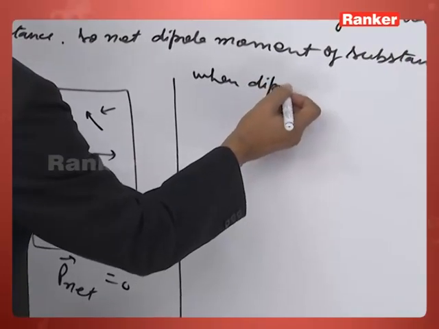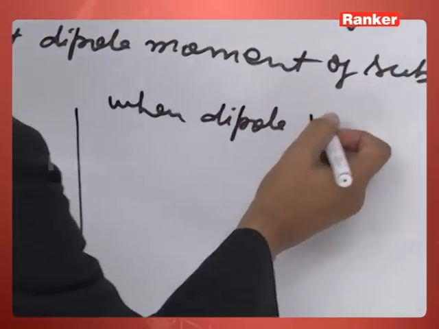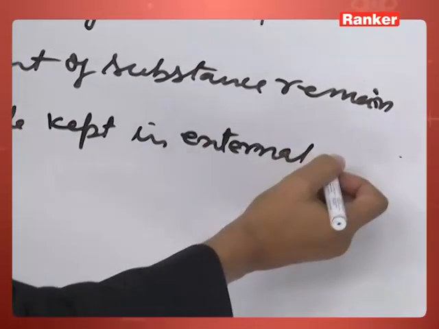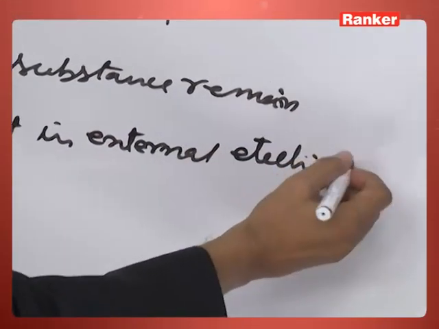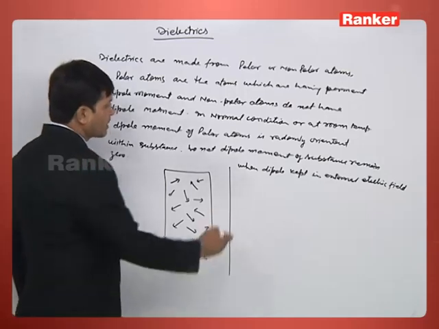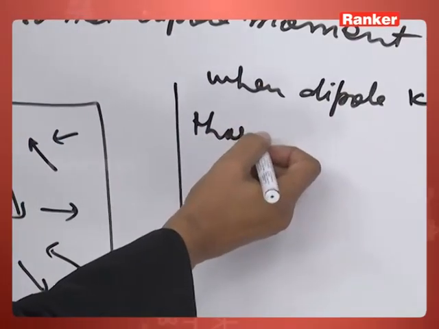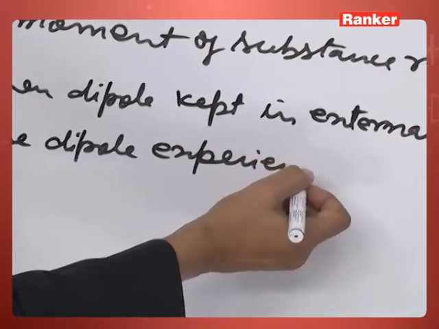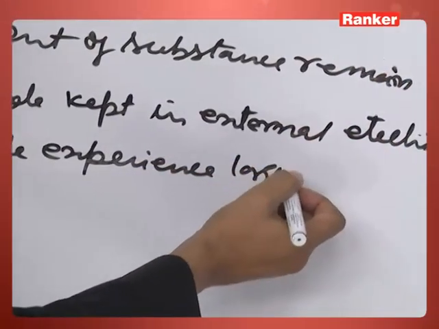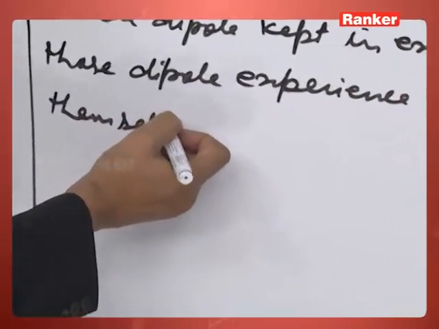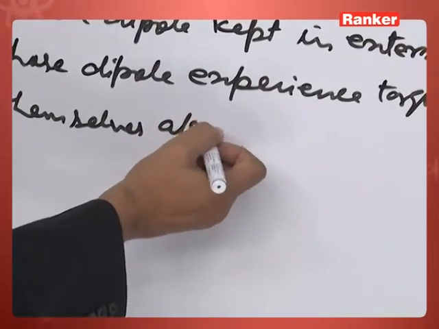When a dipole is kept in an external electric field, those dipoles experience torque and align themselves along the direction of the electric field.